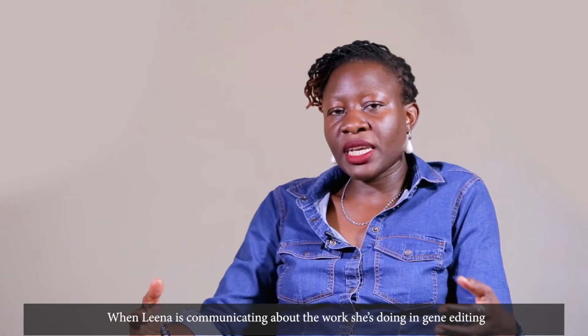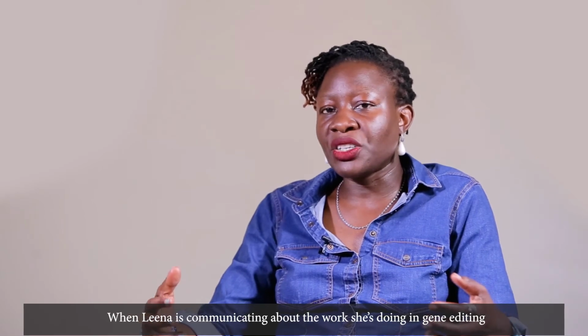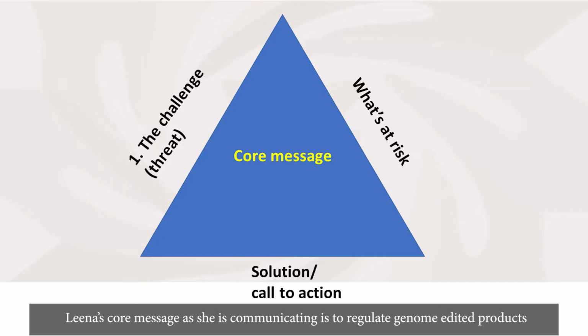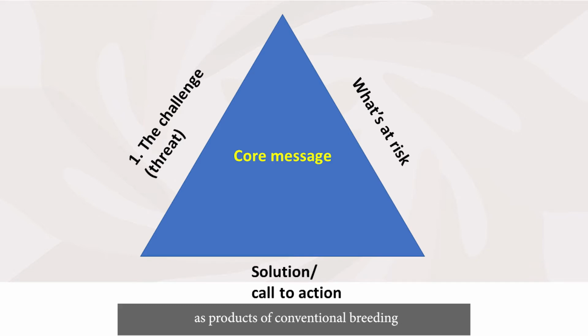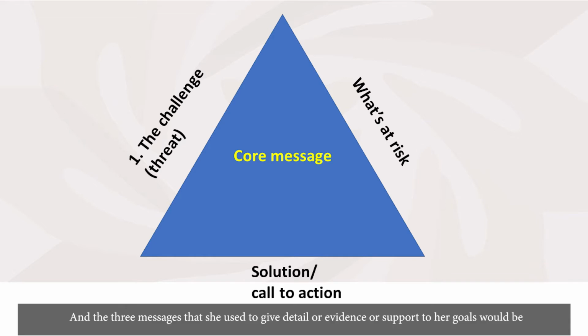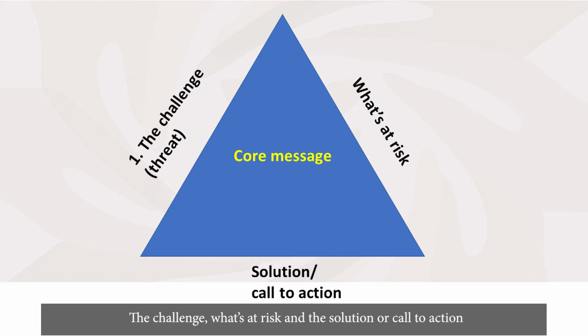When Lina is communicating about the work that she's doing in gene editing, Lina's core message as she's communicating is to regulate genome-edited products as products of conventional breeding. And the three messages that she used to give detail or evidence or support to her goals would be the challenge, what's at risk, and a solution or call to action.